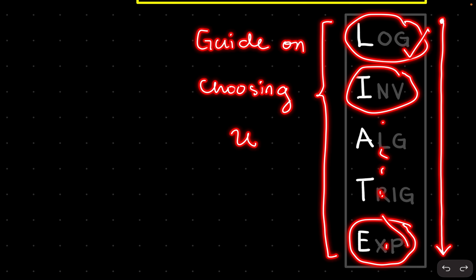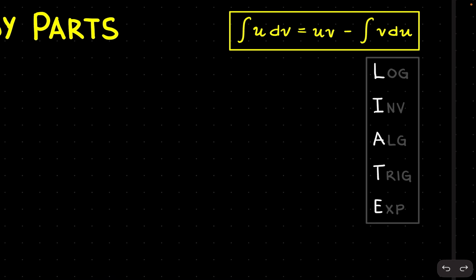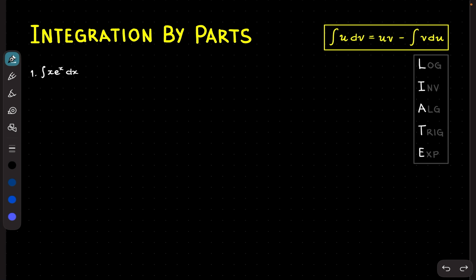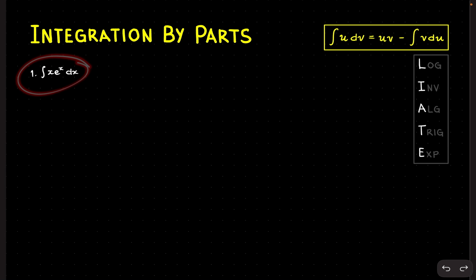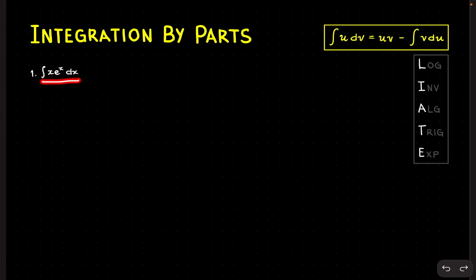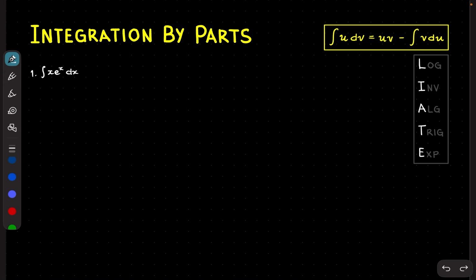So log and exponential. Okay, now that the basics are out of the way, we can try to solve our first example out here, the one that we showed to be tough when using u substitution. Again, notice that this looks like this form. So this is a straightforward application of integration by parts, but we need to decide which is u and which is going to be the dv.